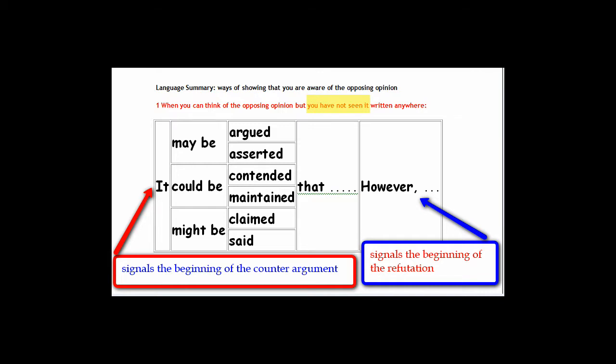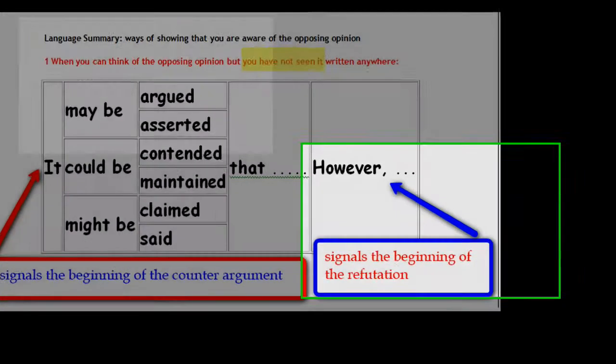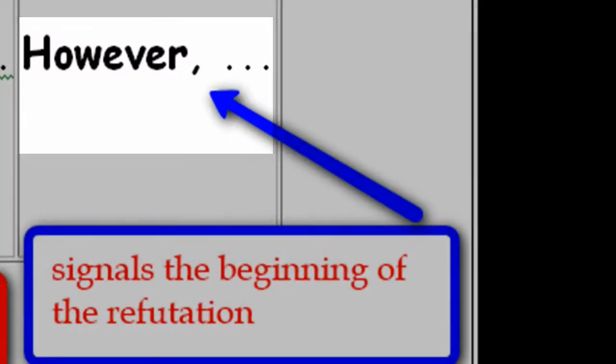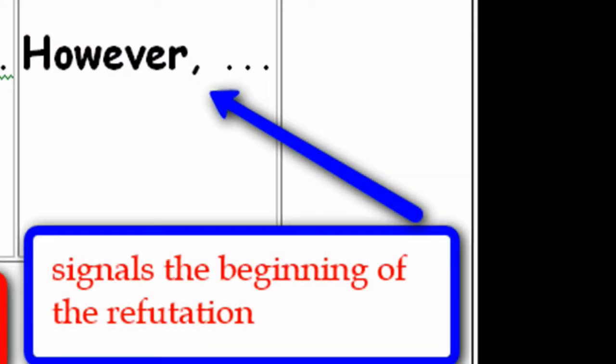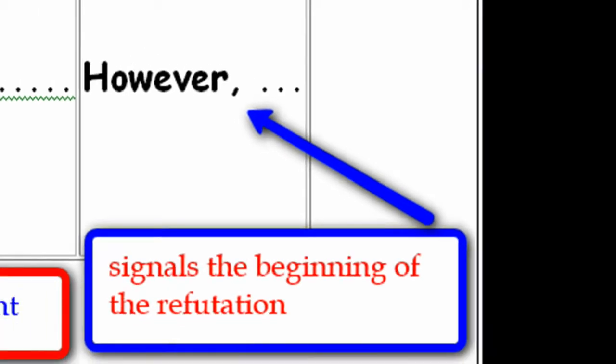The refutation has a signal too, and this is the word which signals the beginning of the refutation. However, this is the most common word or signal that shows the beginning of the refutation.